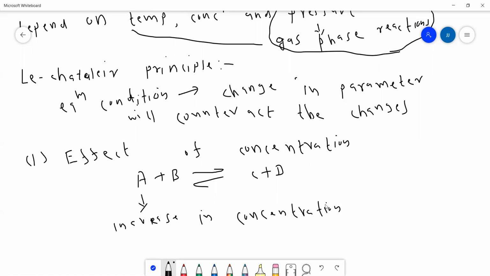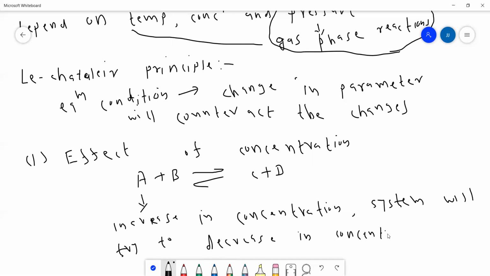so if we increase the concentration, then the system will try to decrease the concentration.